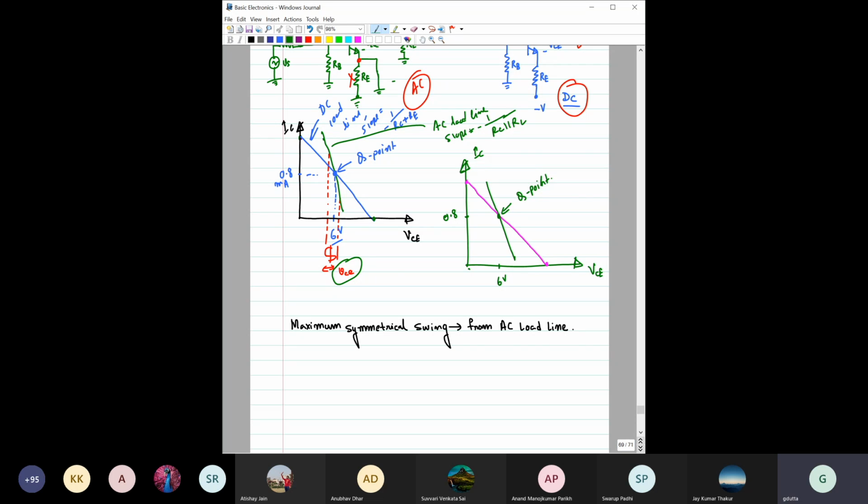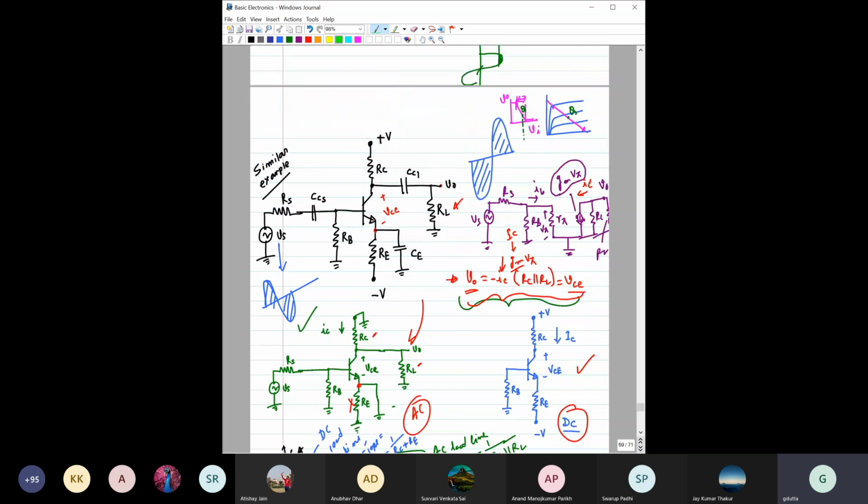Now, we also know from here the slope is minus 1 by (RC plus RE). Now, if the Q point is here, fixed at 6 volt and 0.8 milliamp, and if I ask you what should be the maximum swing of IC, capital I capital C, that means the DC plus AC, for this amplifier.